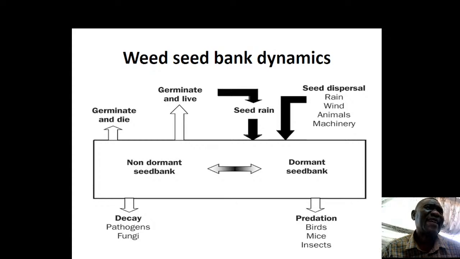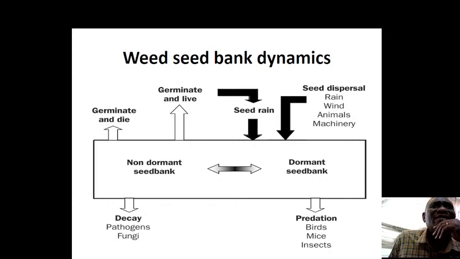Then you have decay. These are withdrawals of seeds from the seed bank. Pathogens, fungi, predation, you have got the birds, mice, and the insects. Why we refer to it as a bank?